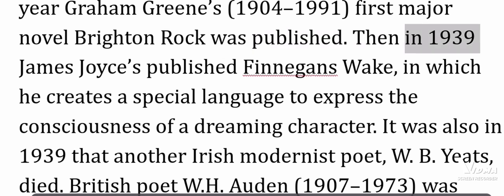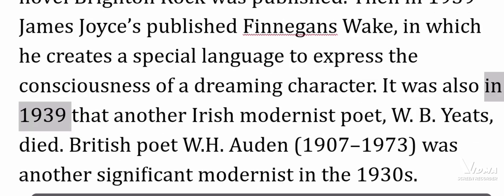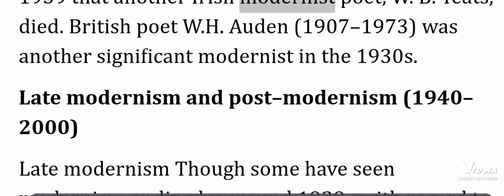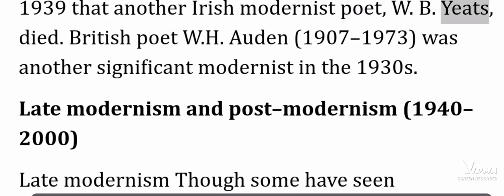Then in 1939 James Joyce published Finnegans Wake, in which he creates a special language to express the consciousness of a dreaming character. It was also in 1939 that another Irish modernist poet, W. B. Yeats, died. British poet W. H. Auden, 1907 to 1973, was another significant modernist in the 1930s.